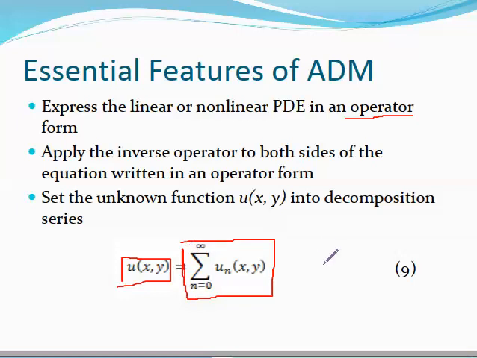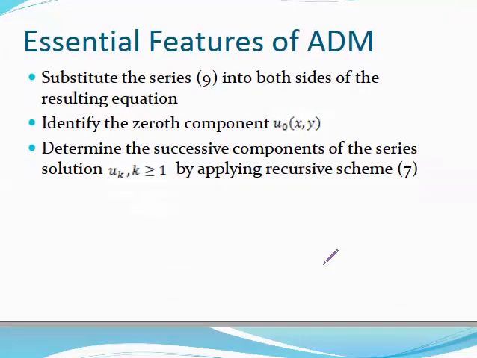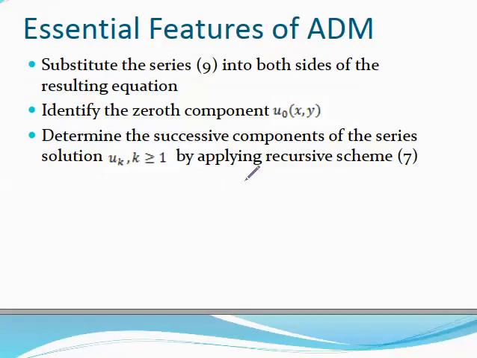Once you reduce the whole equation to a series form, find the zeroth order solution by integrating the source term of the differential equation, and definitely you will have the boundary conditions for the differential equation as well. Once you substitute the boundary conditions in the zeroth order differential equation, you will have the zeroth order solution.